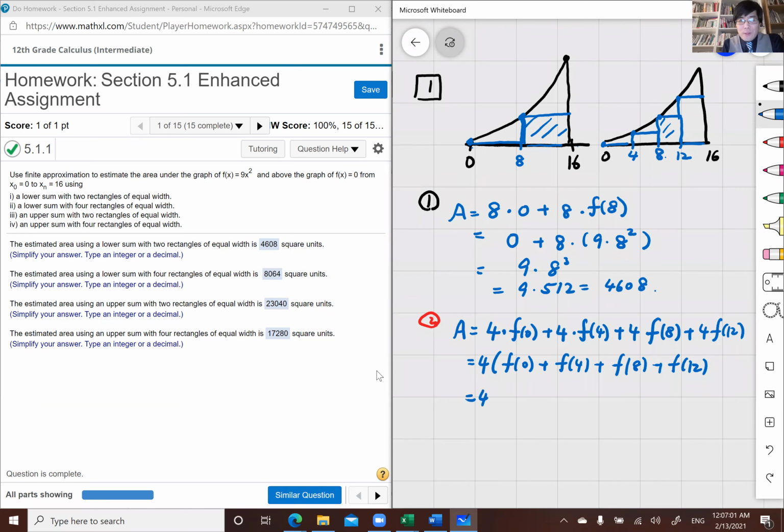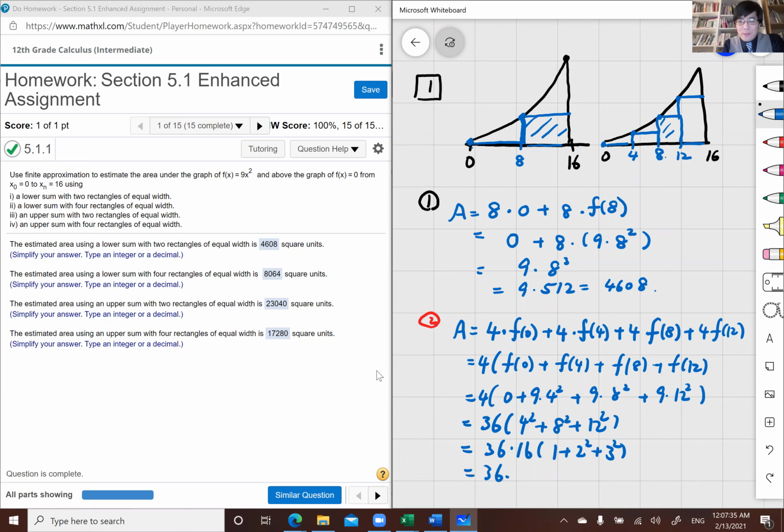Now it's 0 plus 9 times 4 squared plus 9 times 8 squared plus 9 times 12 squared. You can factor out 9, which gives 36. And you're going to have 4 squared plus 8 squared plus 12 squared. You can factor out 4 squared as well, giving 1 squared plus 2 squared plus 3 squared.